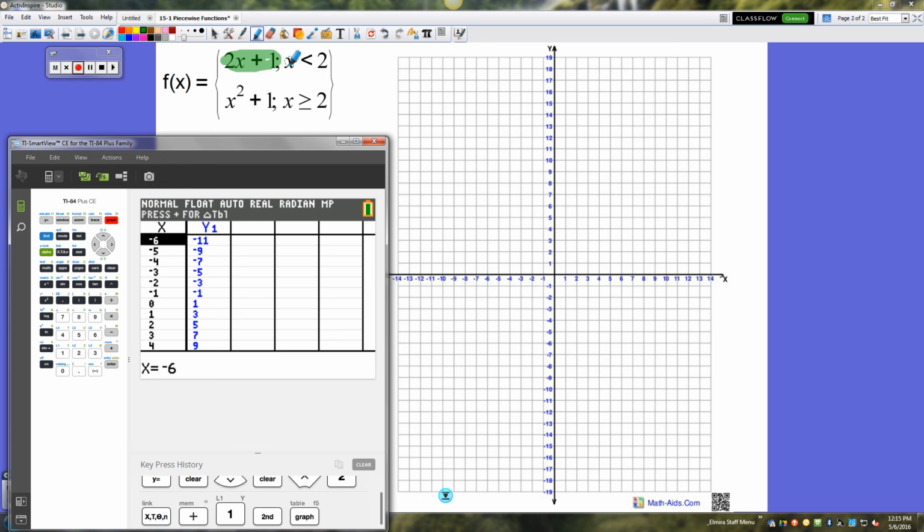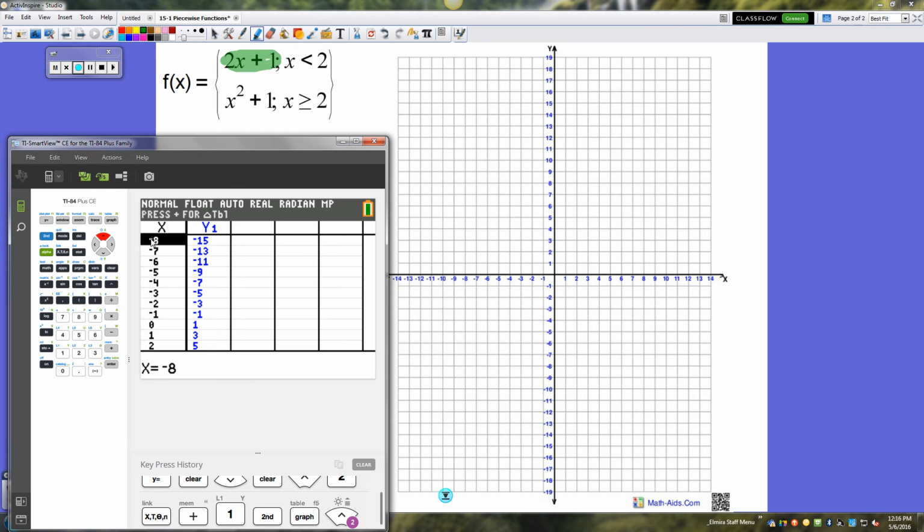Now, it says x is less than 2 for the domain or for the interval. So I want to look at values for this graph where it's 2, it could be 1, 0, -1, and so on. So I'm going to use my scrolling so that I see all the values where x is 2 or less.